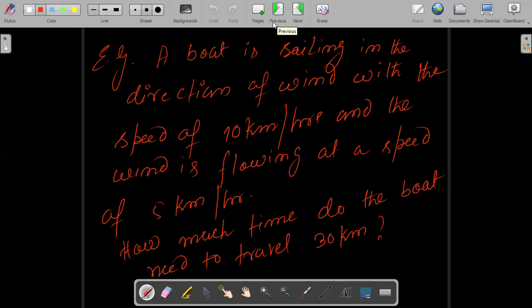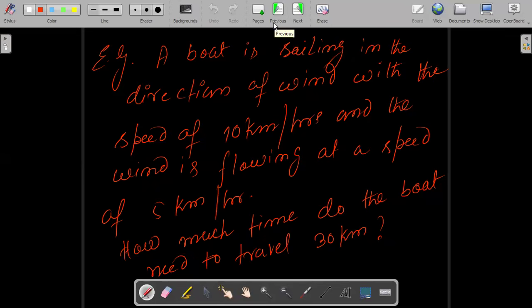But actually, there are primarily two elements. One is the speed, another one is the distance. And the third element is time. So there are three elements: speed, time, and distance.